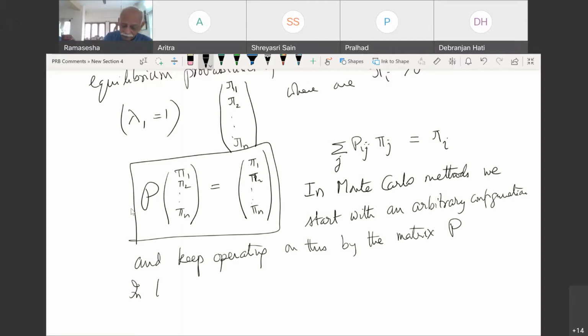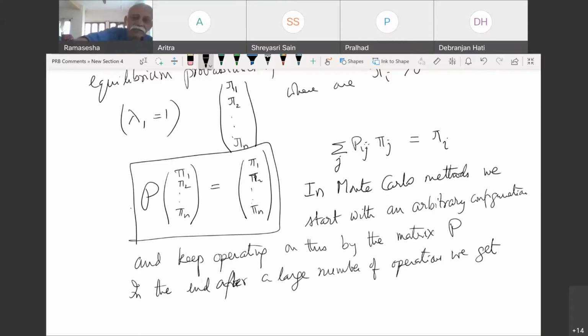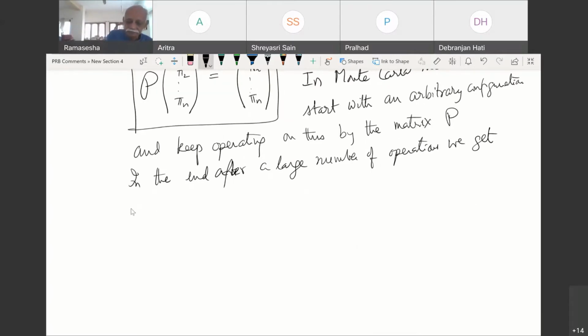In the end, for large number of steps, we get equilibrium or thermodynamic probabilities.